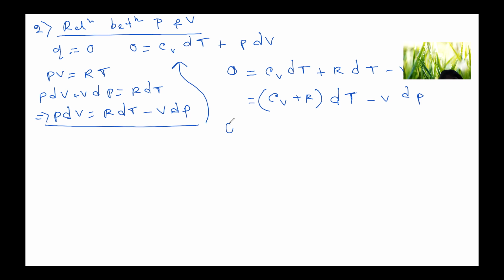Now I'll put this over here. So 0 is equal to Cv by R into (P dV plus V dP) plus P dV.